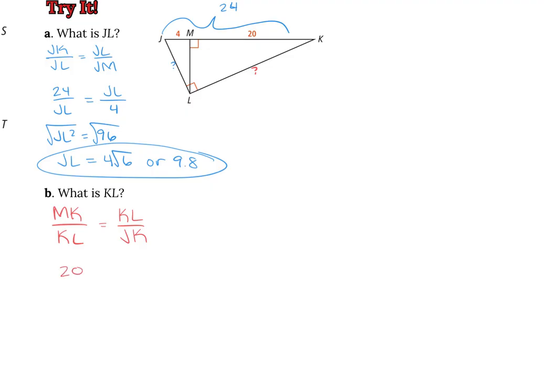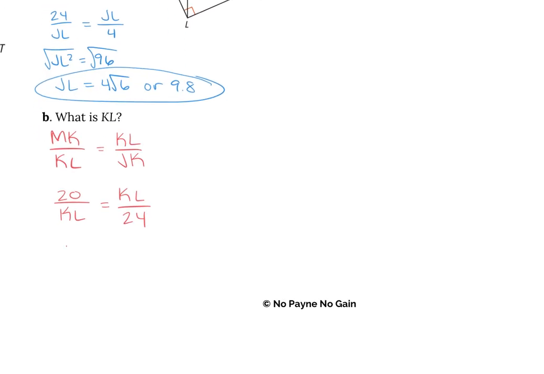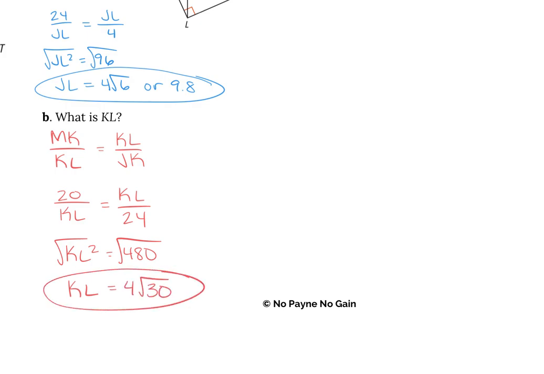MK is 20, and 24 for JK. Cross multiply. Take the square root. So I get 4 square root 30 for the measure of KL.